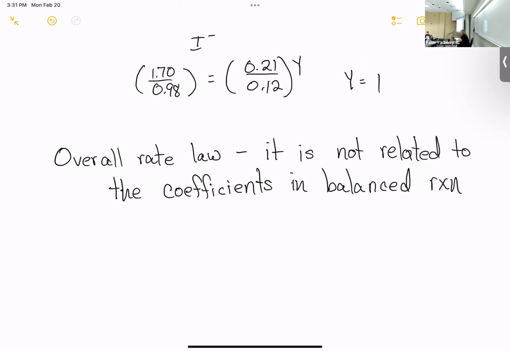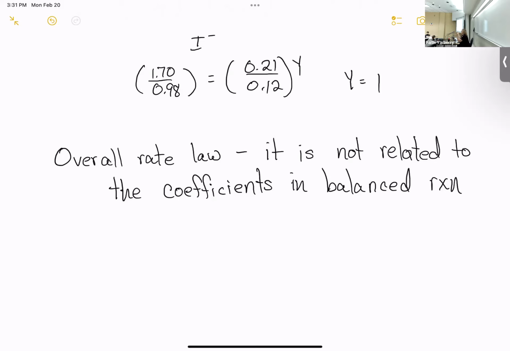Yes. I guess I don't understand why we're doing it. How is it applicable? It's applicable so that you can understand how a particular component in a chemical reaction impacts the speed of the reaction.